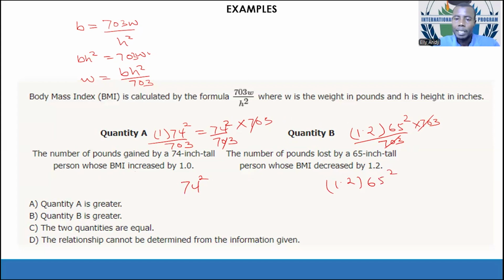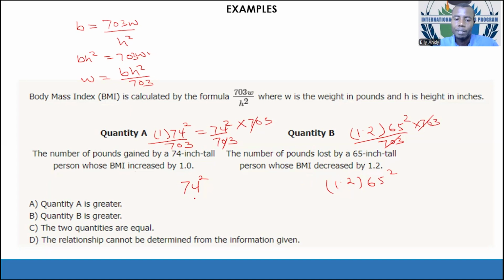Now, we are dealing with weight and height of a person, so we are dealing with positive numbers. And that means we can do matching operations of finding the square root for both terms.